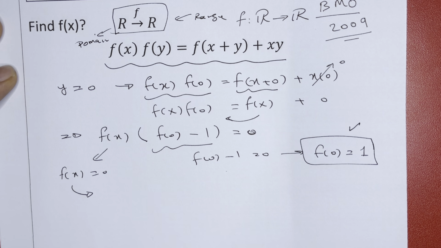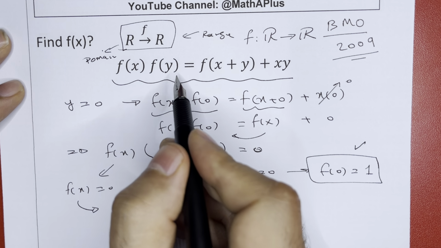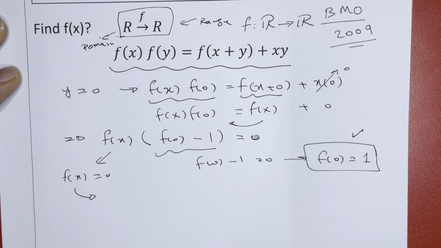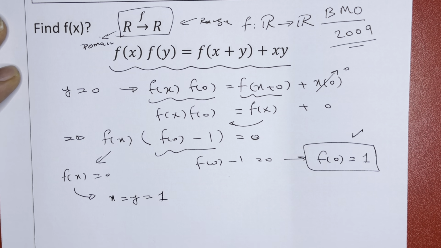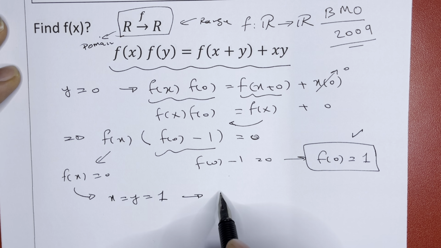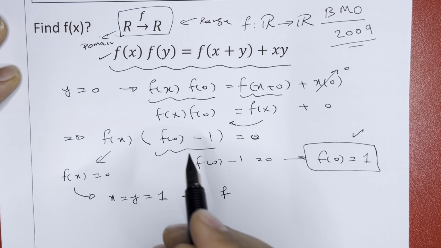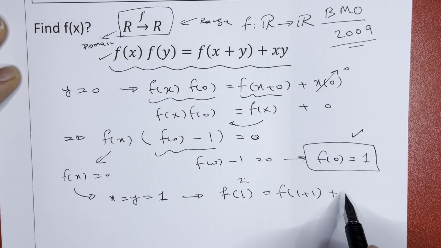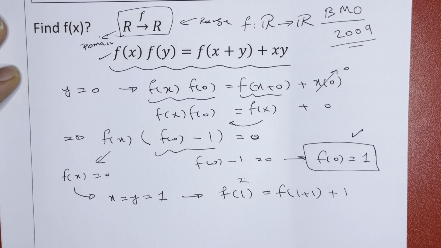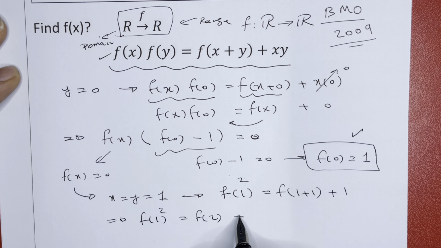Why? Because look at the original equation: f of x, f of y, f of x plus y plus x times y. If I put x and y both equal to 1, then in the original equation, f of 1 times f of 1, or f of 1 squared, is f of 1 plus 1, plus 1 times 1 is 1. Then what I have is f of 1 squared is f of 2 plus 1.